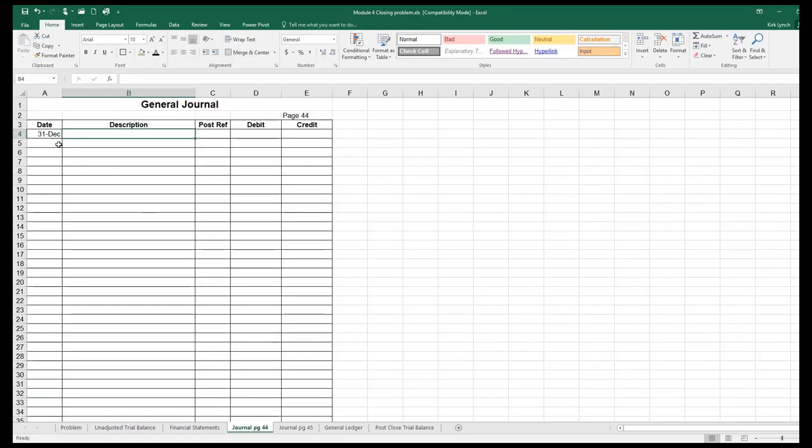So in our journal, we would debit supplies expense for $1,000, and we would credit our supplies account for $1,000. That'll take care of the very first adjusting entry that we have to do.